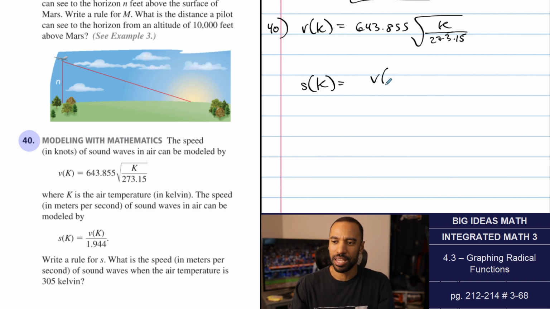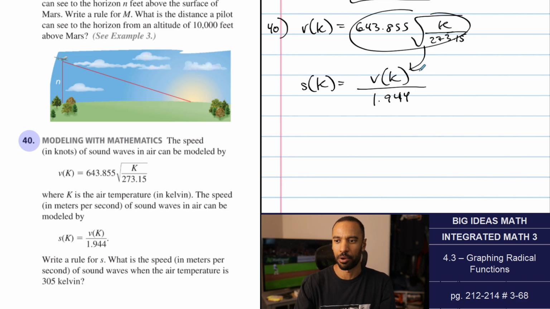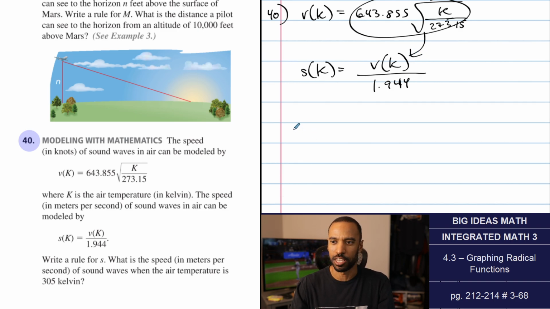Anyway, V of K over 1.944. We're going to substitute this in place of V of K right there. So it's going to look a little funky, but hopefully this division will either clear up or we're just going to have to leave the fraction just like that. So S of K equals 643.855 over 1.944 times the square root of K over 273.15.